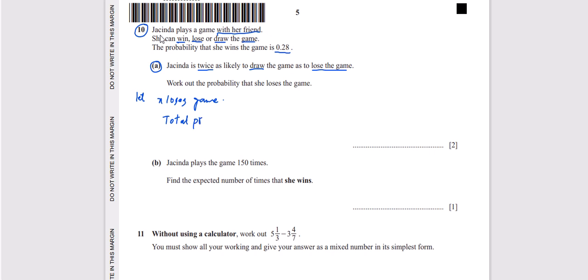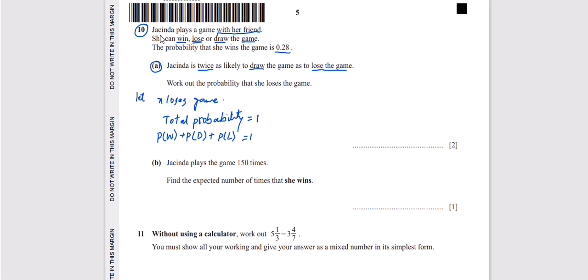The first probability is win, plus the second is draw, plus the third is lose, is equal to 1.